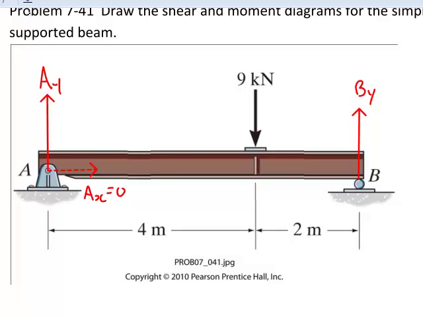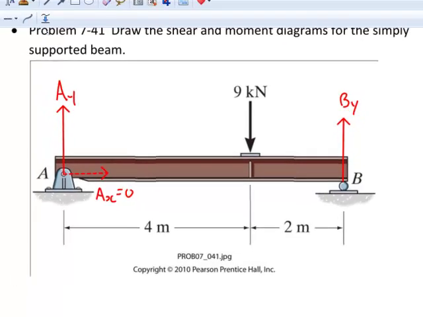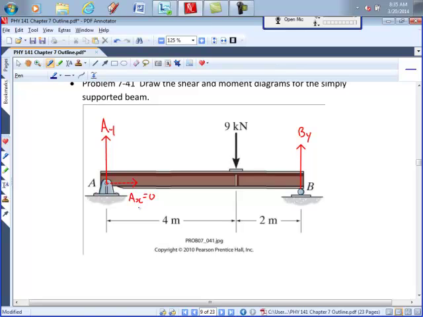So our equations would be sum of the forces in the x equals 0, which we've basically already used. We have the sum of the forces in the y equals 0, and we have to come up with a moment equation for our third one. Where would you like to take the moments about? Yeah, either A or B would be an equally good choice.